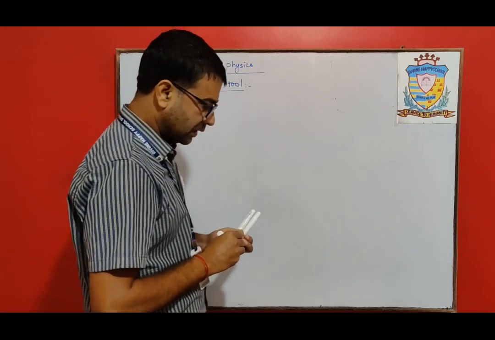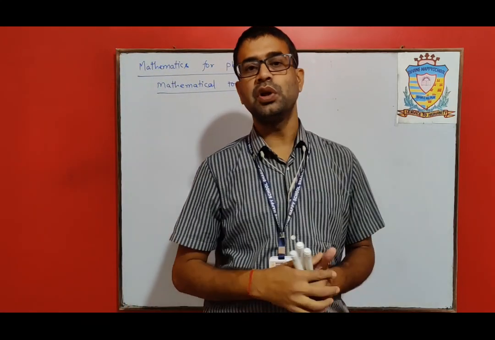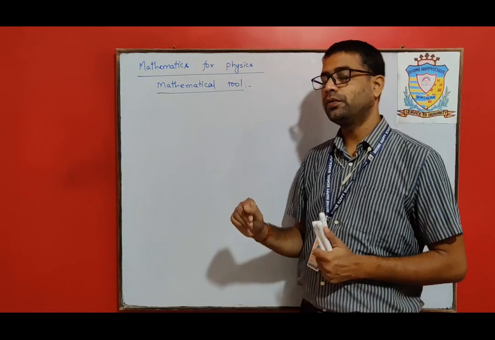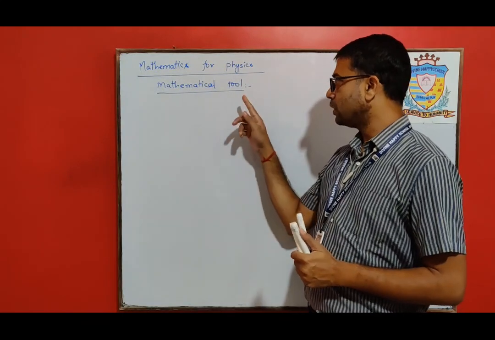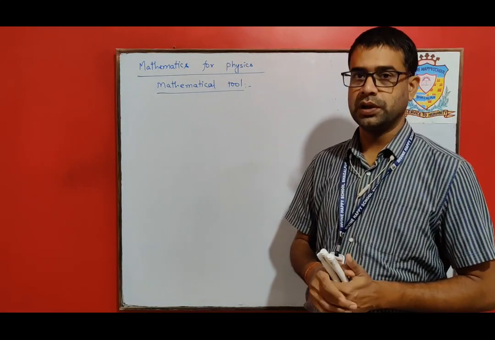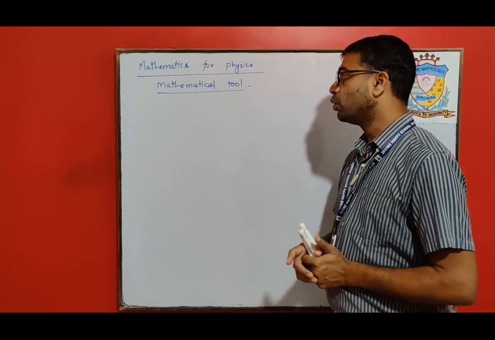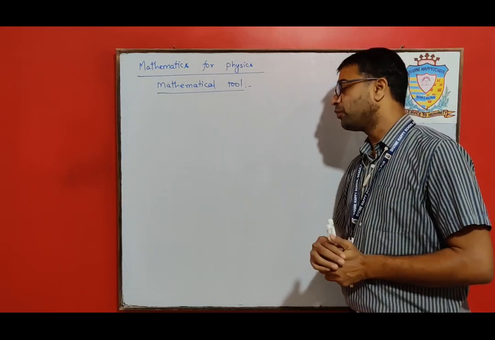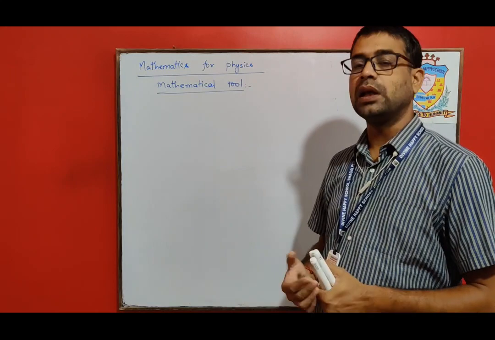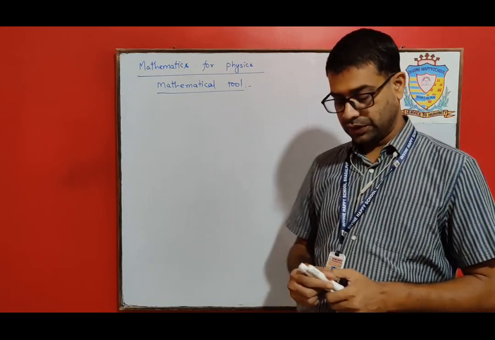Mathematical tools means the instruments which we will use inside physics. Clear? That's why I told you this is very important, because without tools we cannot move, we cannot find out any calculation inside physics.